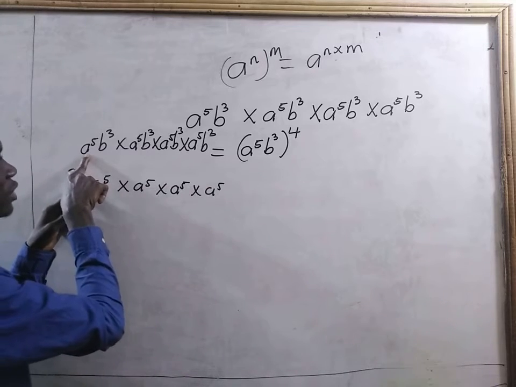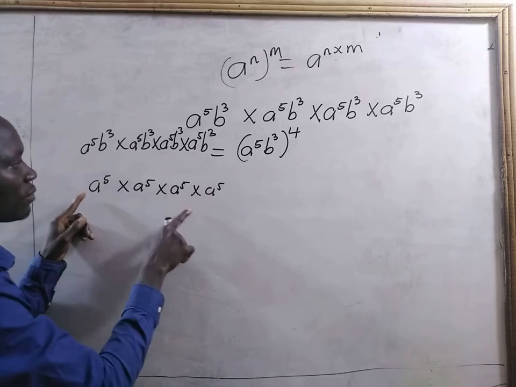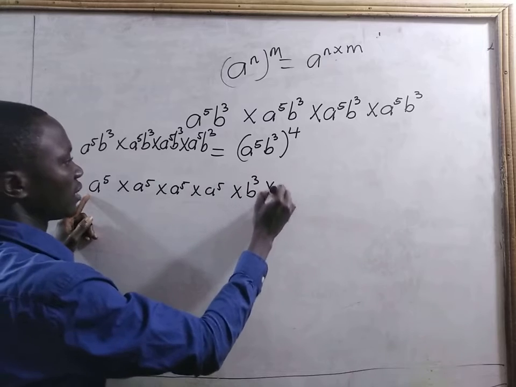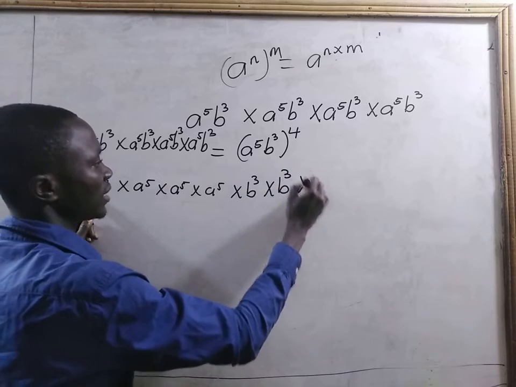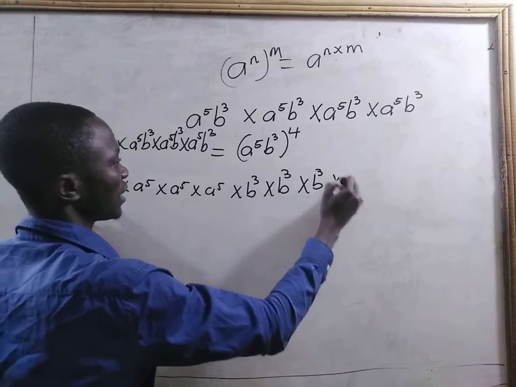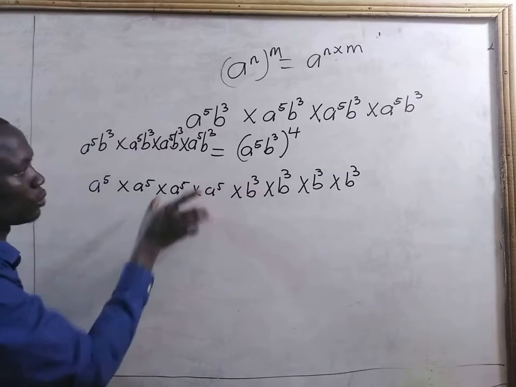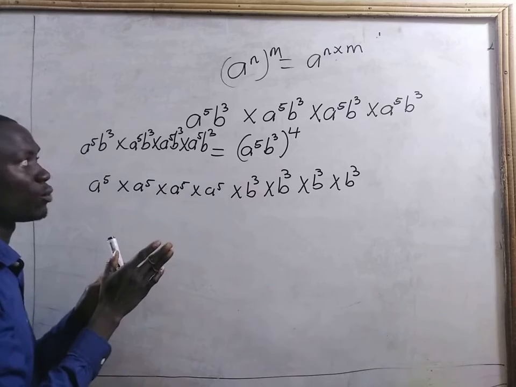That is, we have a exponent 5 multiplying itself 4 times, b exponent 3 times b exponent 3 times b exponent 3 times b exponent 3. You can expand this one this way. Very, very simple as that.